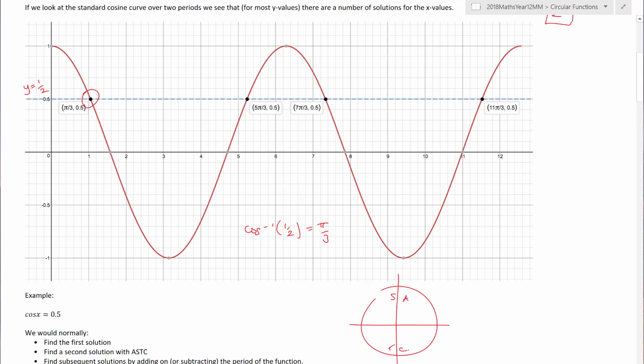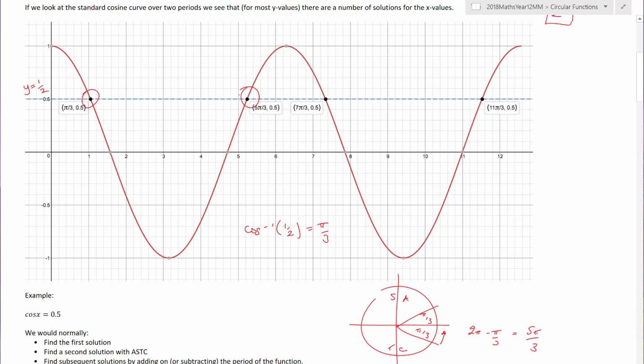I know that cos is positive, so it's got to be in this quadrant here and this quadrant here. I know my reference angle is pi on 3. Not quite at 2 pi, so 2 pi minus pi on 3 gives 5 pi on 3. So there's my second solution.